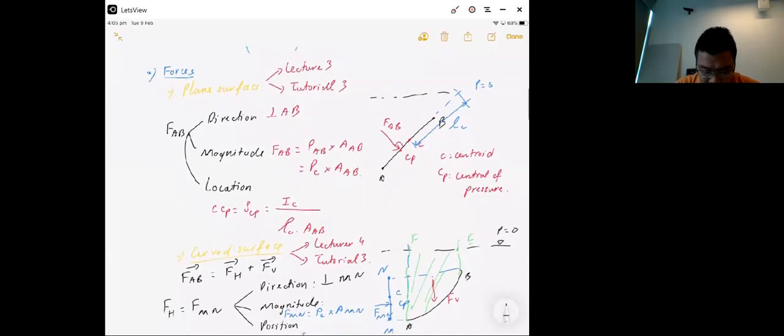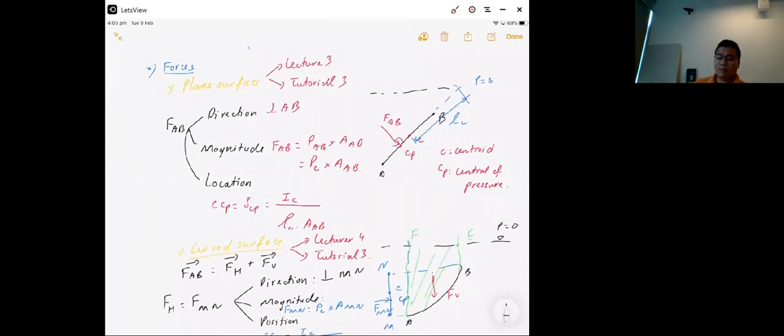Because PA is higher than PB, the force applied at A is higher than the force applied at B. So the total force F_AB is applied at CP, a little below the centroid. The distance between C and CP, delta CP, equals IC divided by LC times area AB, with LC the distance from C to the zero-pressure level or water surface in the AB direction.